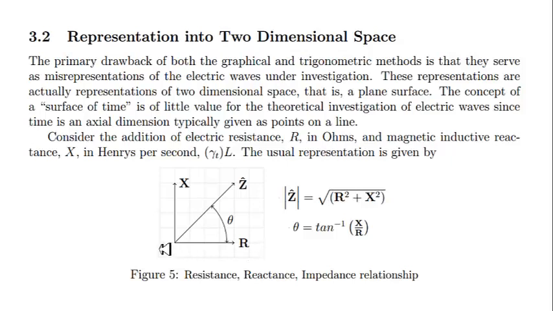This is the real and the imaginary axis. Resistance is on the real axis, and the reactance, this is the inductive reactance actually, is on the positive y. So this is positive real resistance, and positive imaginary is reactance.